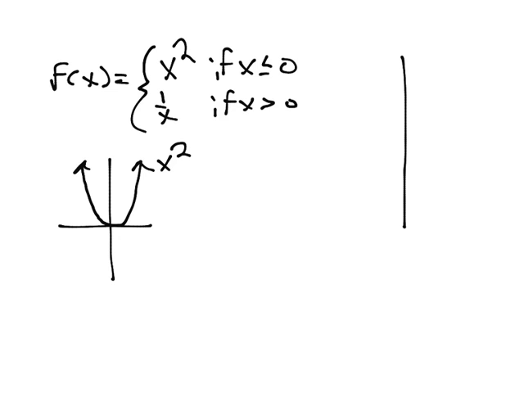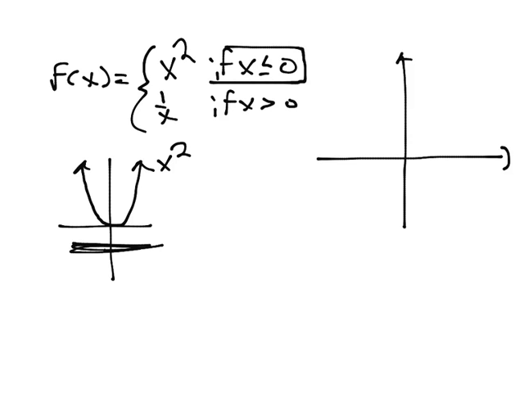Well, for the graph of this piecewise function, I can't use the entire graph because I'm restricted to just using x squared if x is less than or equal to 0. So what I have to do is come over here to my x squared graph and just use the part that satisfies the condition of x being less than or equal to 0.